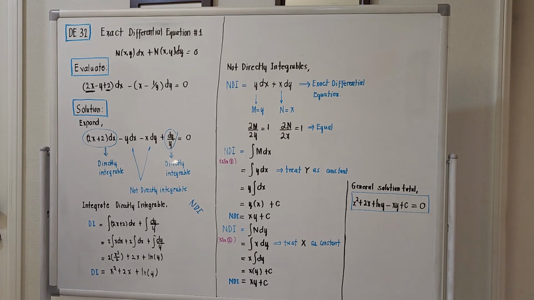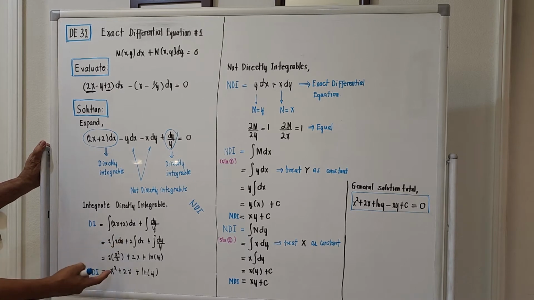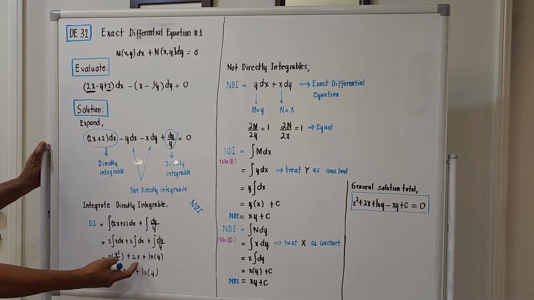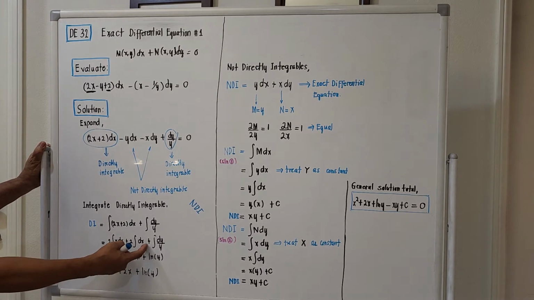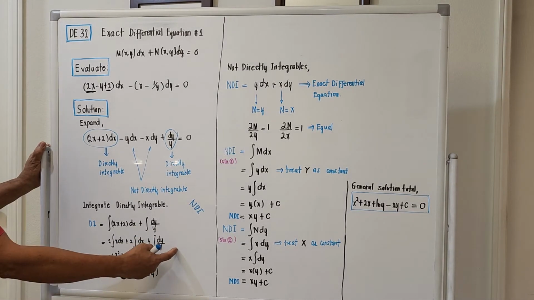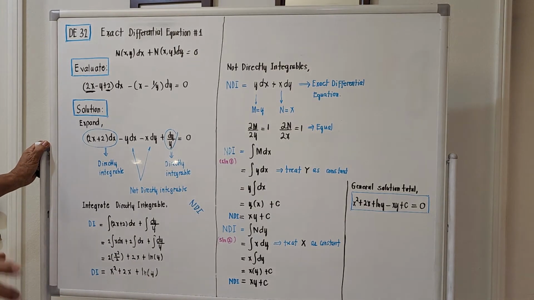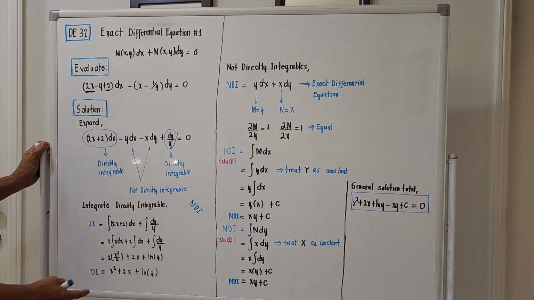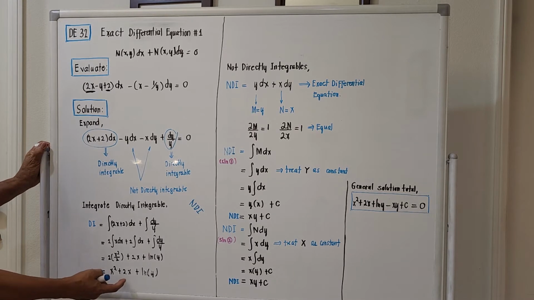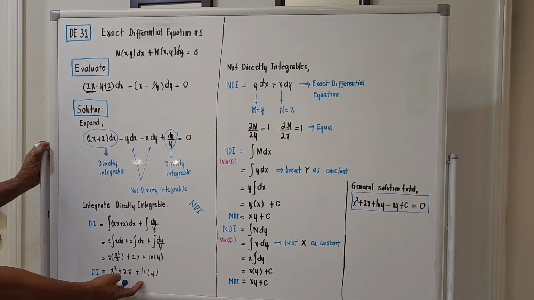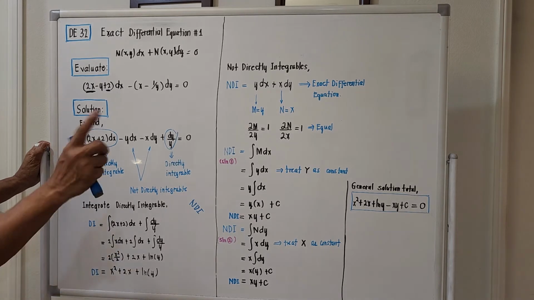We've been saturated with problems under integrals, so this is an easy thing for us. This is the power formula, x squared over 2, plus 2 times the integral of dx, which is just x. The integral of dy over y is the natural logarithm of y. So a part of the solution, DI, meaning those directly integrables, will be x squared plus 2x plus natural logarithm of y. That's a part of the solution.